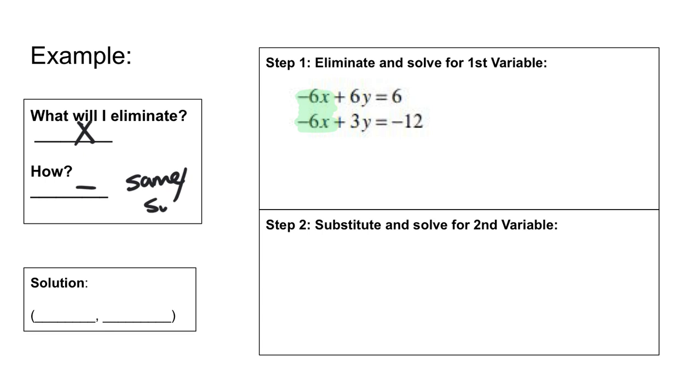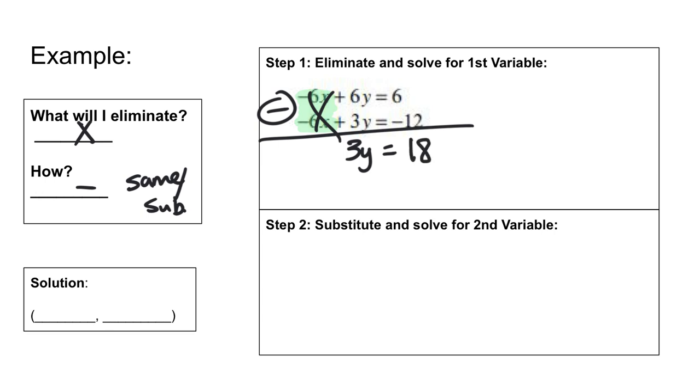So I'm going to subtract the system. Negative 6 minus negative 6 cancels out. Positive 6 minus positive 3 becomes positive 3. Positive 6 minus negative 12 becomes positive 18. Again, if you're not great with integers, check it in your calculator. Divide both sides by 3, and y will equal 6.